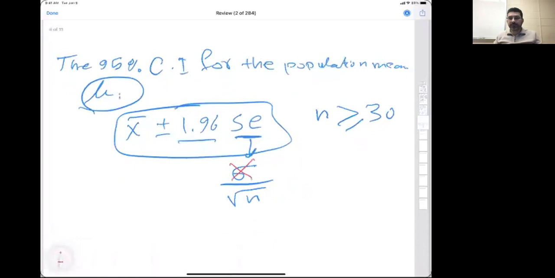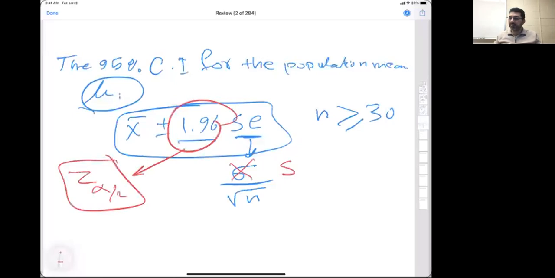As I said to you, we will use S, the sample standard deviation. But in this case, we cannot use 1.96 because 1.96 comes from the Z table or Z distribution. We cannot use Z in this case. We have to use another distribution. We call it the T distribution, if you remember.